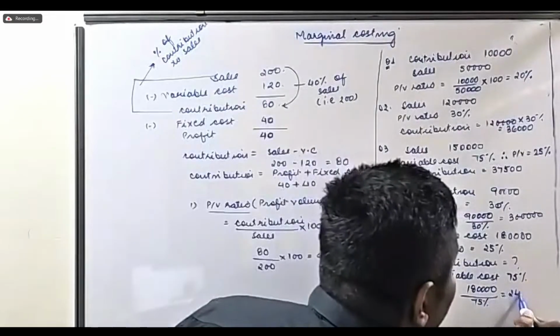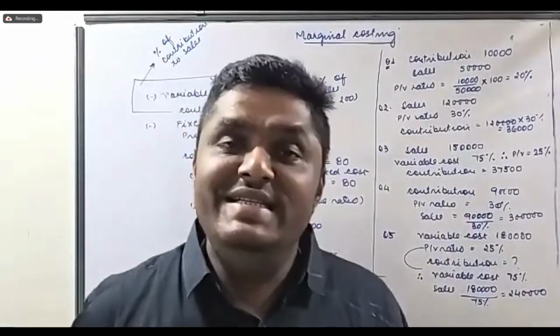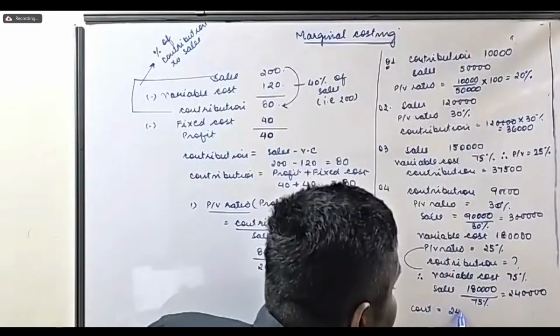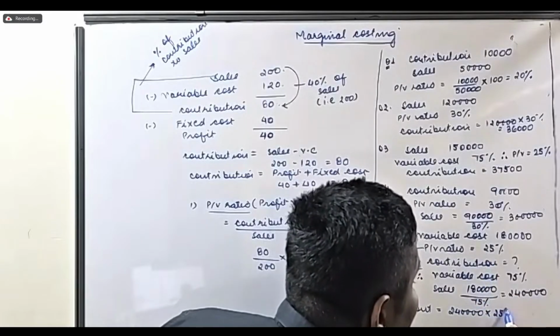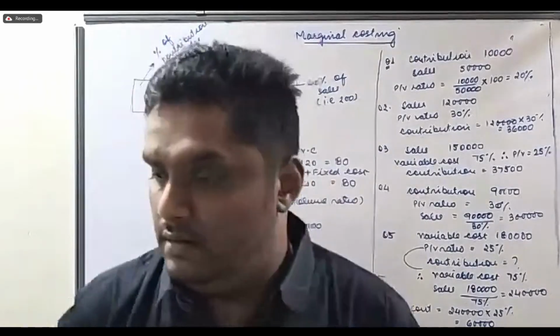So this will be 2,40,000. Since we have got the sales, we can easily calculate contribution. 2,40,000 is my sales and contribution is 25% of sales. So this will be how much? 60,000.